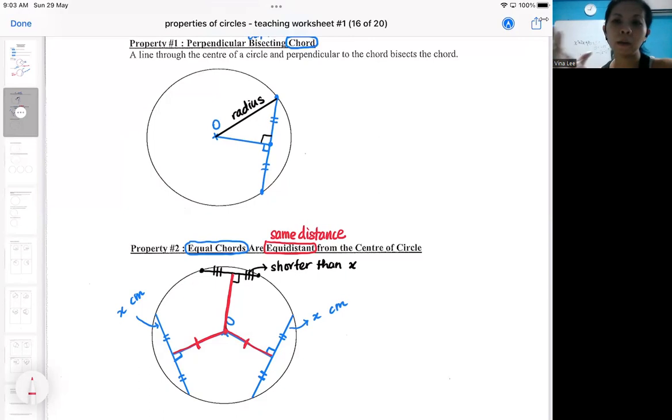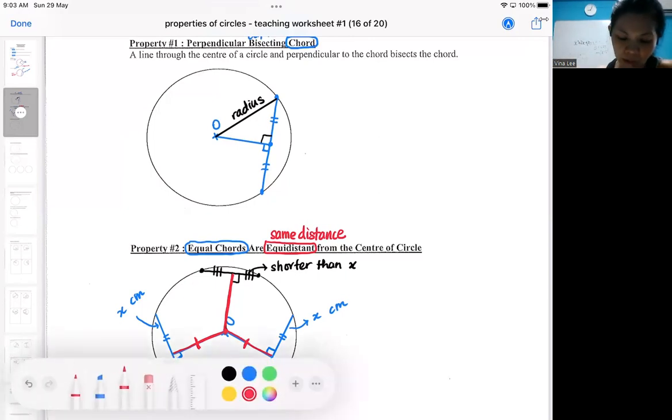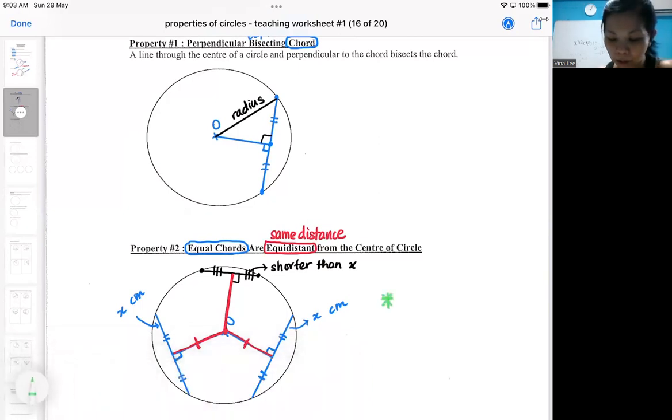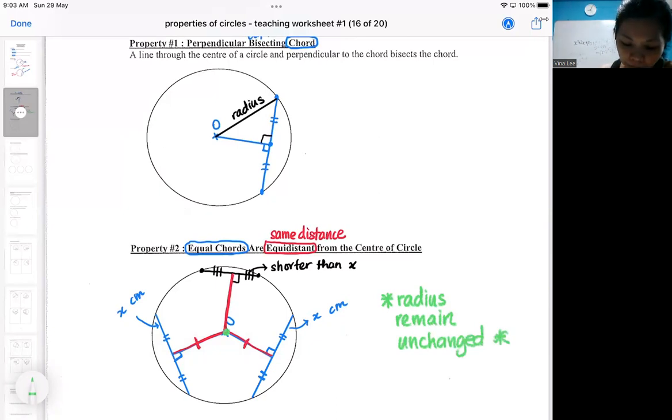But whatever it is, there is something that will not change. The one thing that doesn't change will be the length of the radius. It's not possible to change the length of the radius, because the definition of radius is center to circumference.